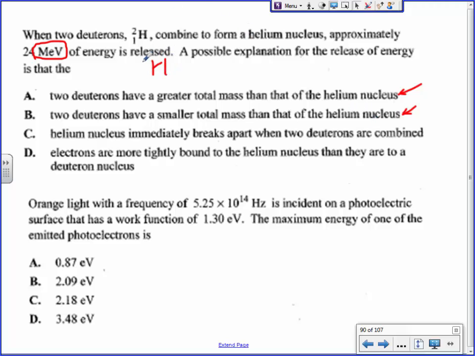If you have this guy here, and a second one of this guy here, and it eventually forms a helium nucleus. For there to be a release of energy, it means that this mass right here must not equal this mass right here. They must not equal, right? Which side has the more mass, though?